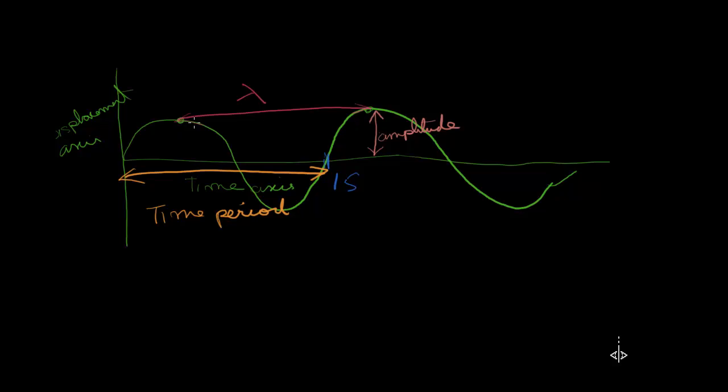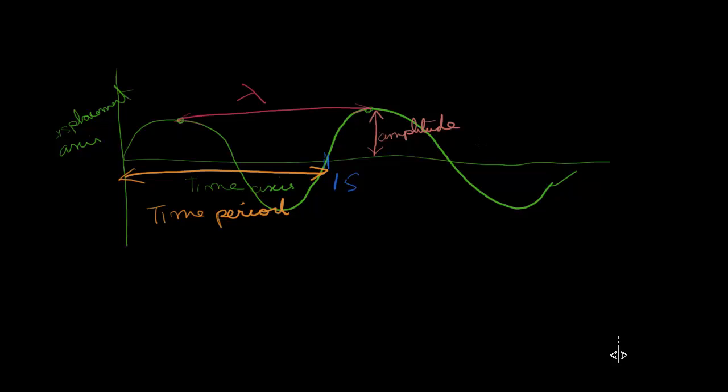Now we cannot obtain the wavelength from a displacement time graph, because wavelength is the length or the distance between the two points that are in phase.